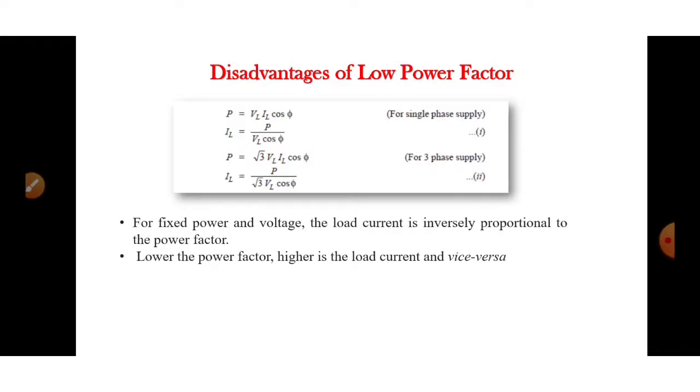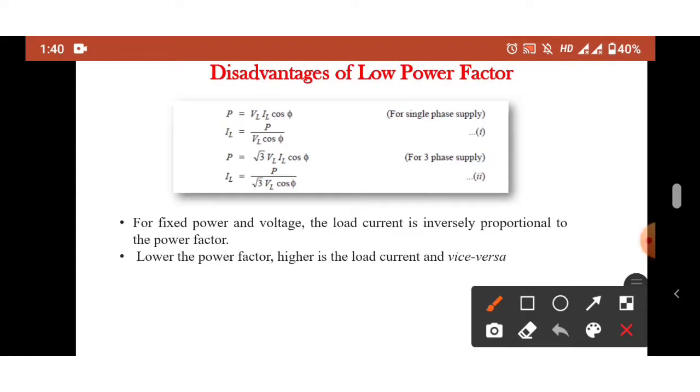Let us consider that power and voltage are fixed values. Then IL is inversely proportional to cos phi. So as cos phi decreases, load current IL increases. So we have to improve cos phi in order to reduce this load current.